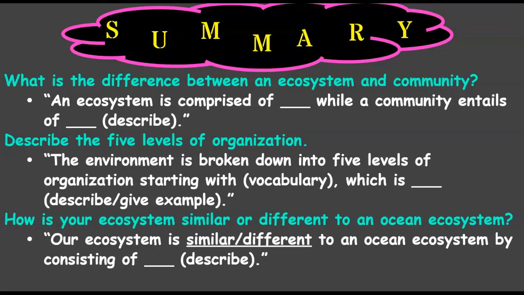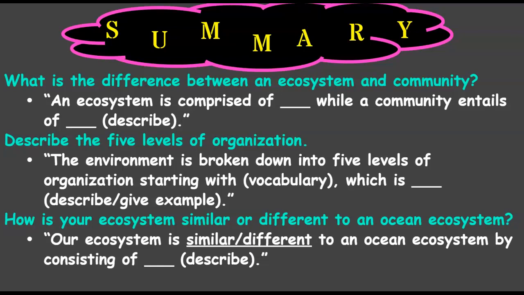The next is population, which is a single type of organism in a group, a specific type. Then you have community, where you have different populations of different species or organisms interacting. Then you have the ecosystem, where those different communities interact with abiotic or non-living things. And lastly, we have the biosphere, which is the earth.